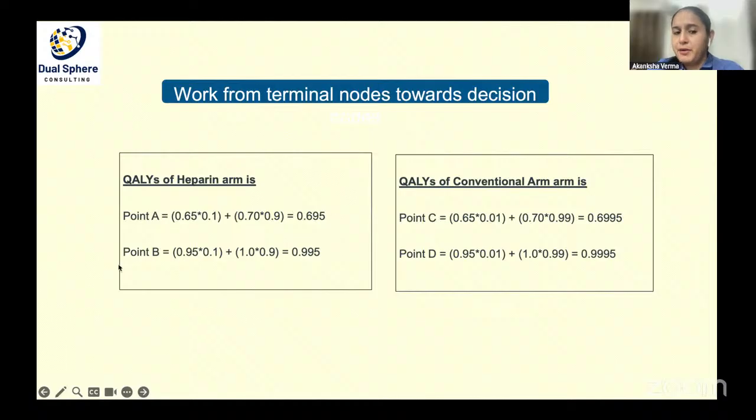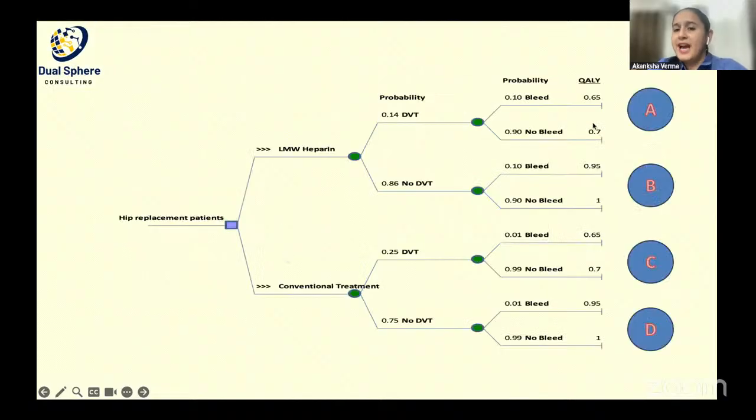And similarly for point B, 0.95 into 0.1 plus 0.1 into 0.9. What we are doing, just consider, we are actually wrapping up the model because we want to finally make the choice between these two. So we are adding up total qualities based on their probabilities.